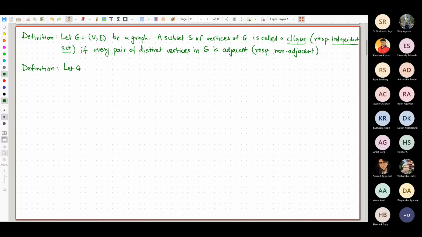Let's continue with this other definition. Let G = (V, E) and G' = (V', E') be graphs.